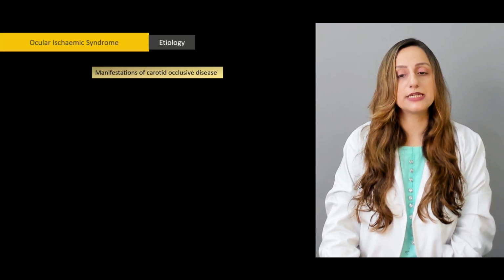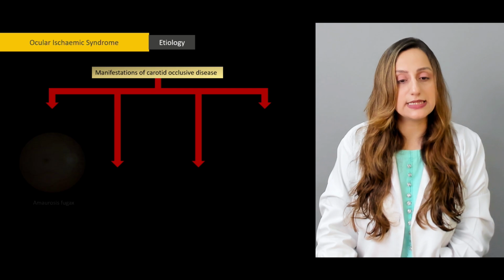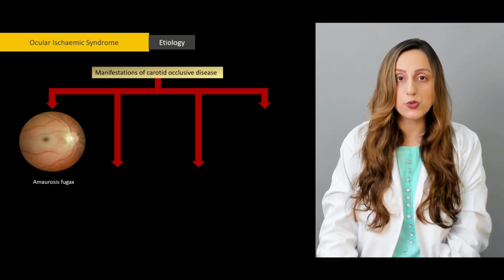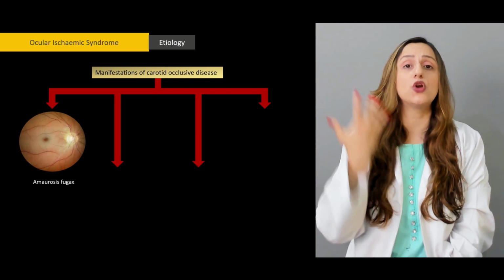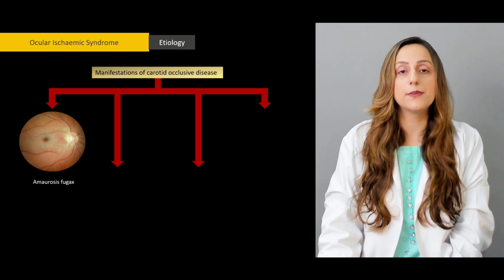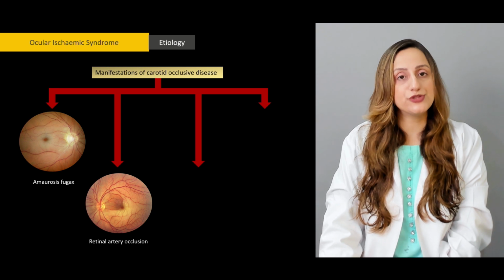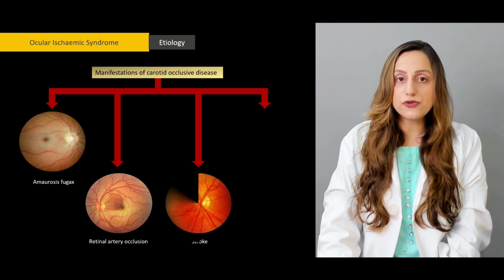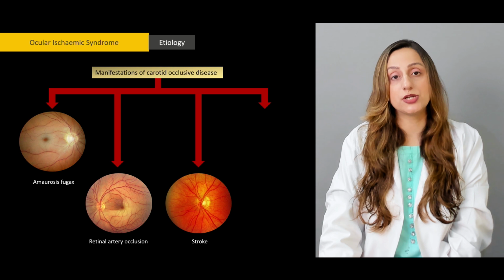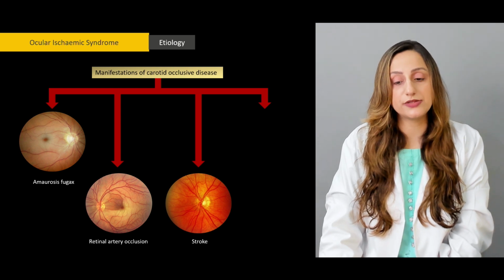Then again, the manifestations of the carotid occlusive diseases are the amaurosis fugax, in which there is a sudden loss of vision. It's again painless, but it's a sudden loss of vision seen over here. We have a retinal artery occlusion. It can be a central retinal artery occlusion or a branch retinal artery occlusion seen over here in these cases.